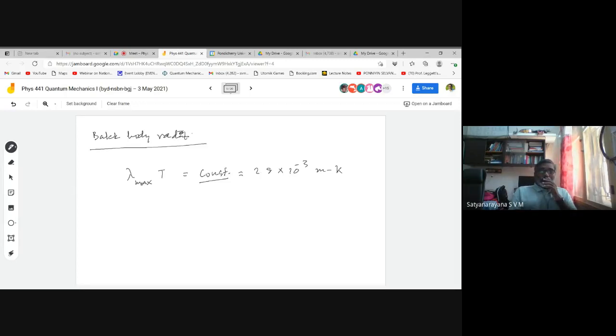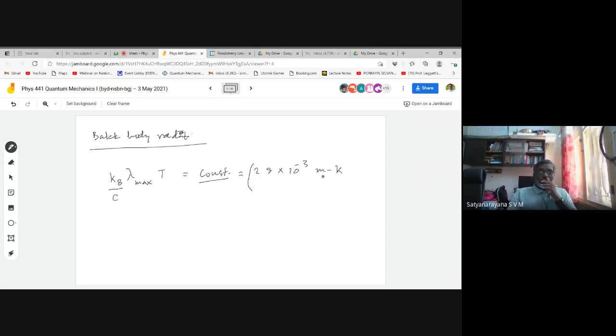Now, you want to make this into energy into time. Lambda max is c divided by nu. So if I multiply this with the Boltzmann constant kB and divide by the velocity of light c, then kBT is energy and lambda max by c is basically time.